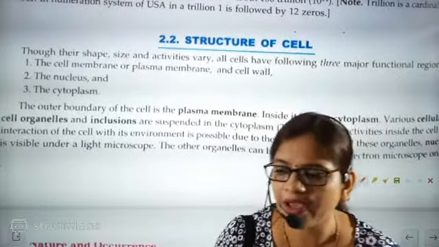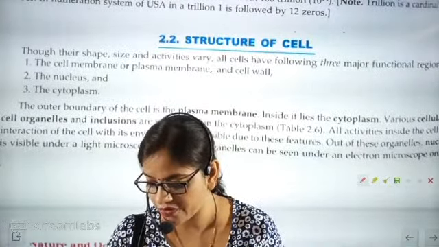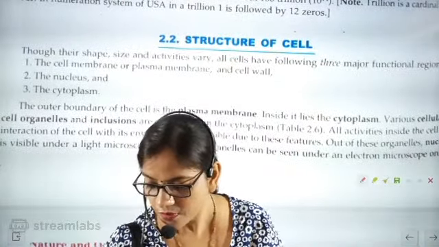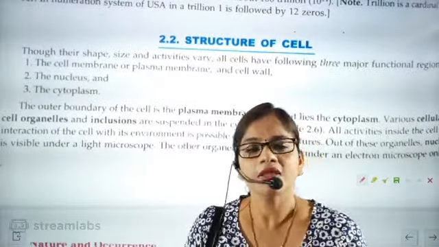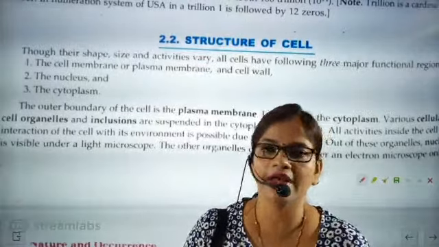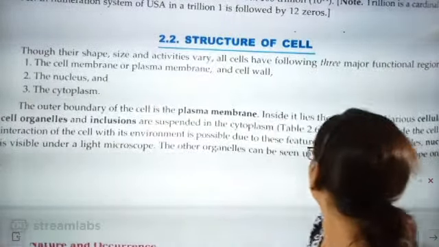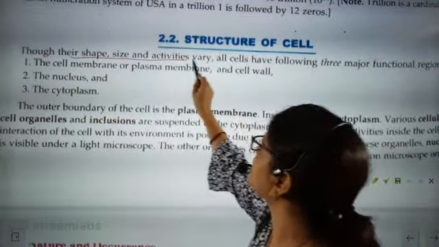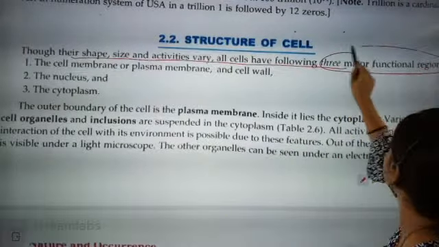Fine. So one by one, if someone will tell me good afternoon, good morning everyone, I'm just checking your attendance also, don't worry. When someone tells me how a cell looks and what three major parts you divide the cell into, I will say that the shape, size and activities of cells vary, but they have three major functional regions.